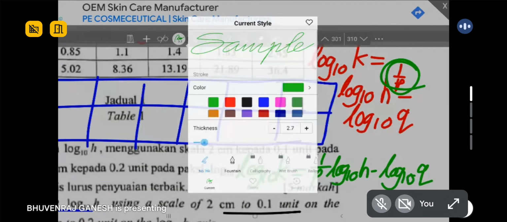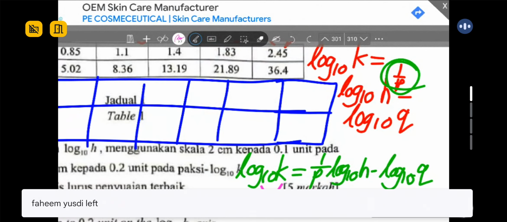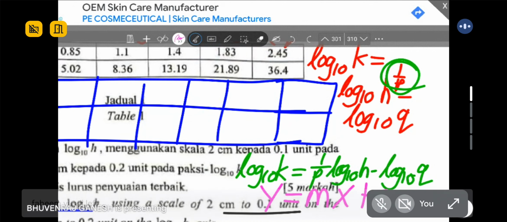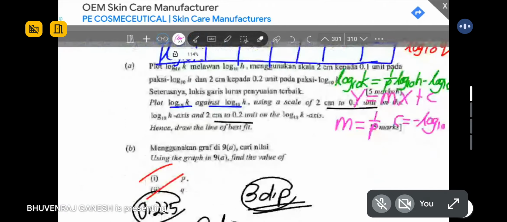Okay, so can you see, guys? Y equal to mx plus c. Boleh nampak tak format dia? So your m is equal to 1 over p. Your c equal to negative log 10q. So the question is, find the p and q.